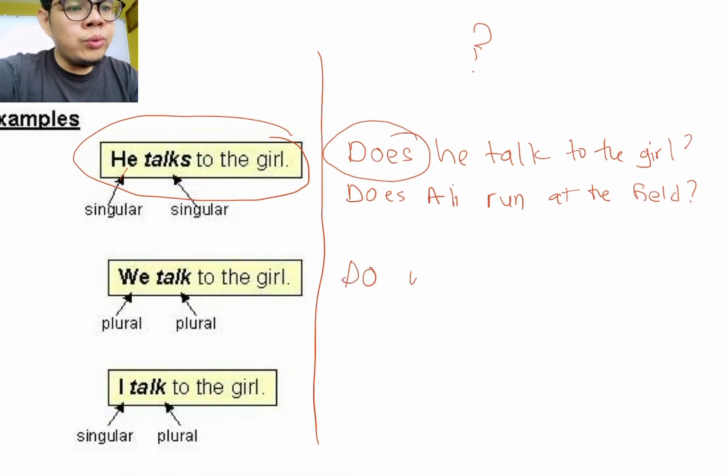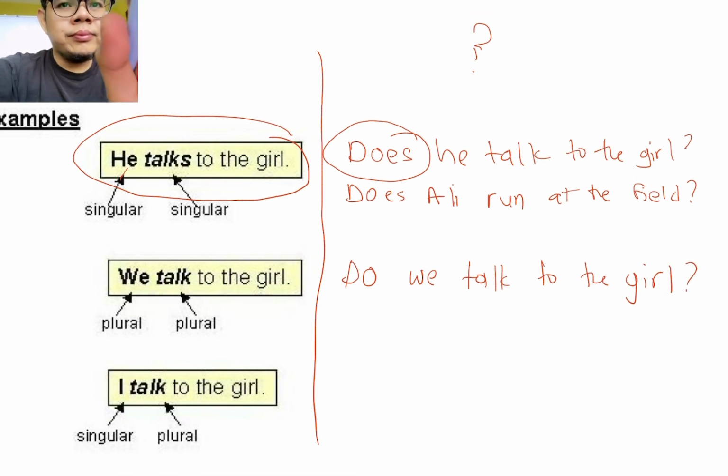Do we talk to the girl? Why don't we put ES here, like up here? Kenapa kita tak letak ES macam kat atas ni? Because our subject is plural. Here, our subject is singular, so we put S at the front. Are you following me? Dapat tak?